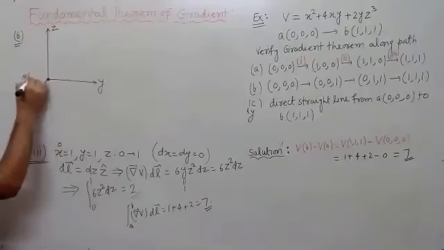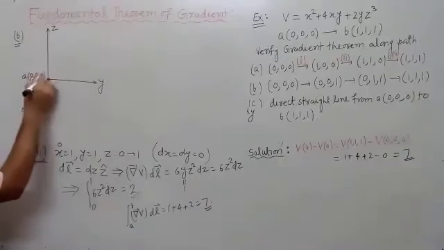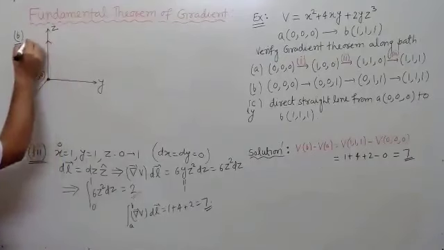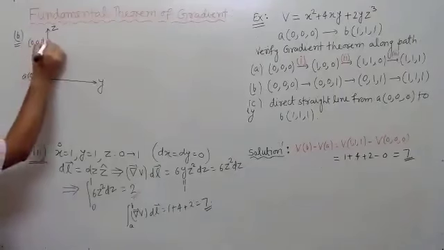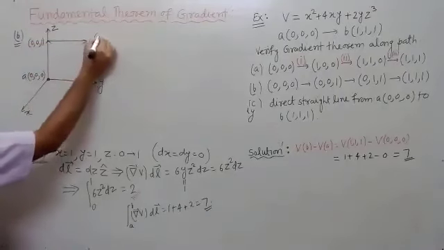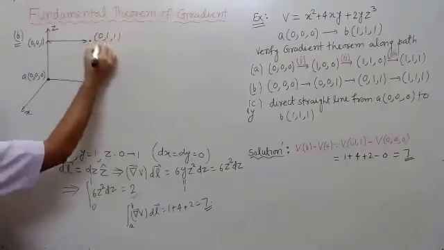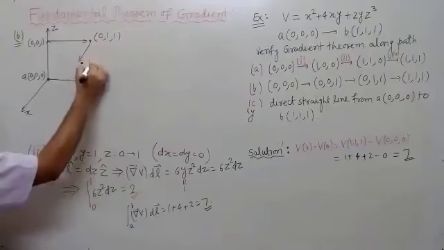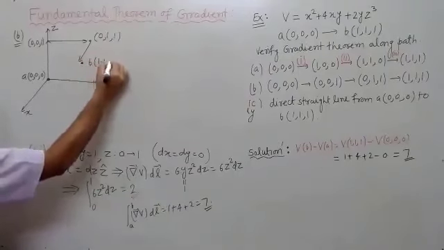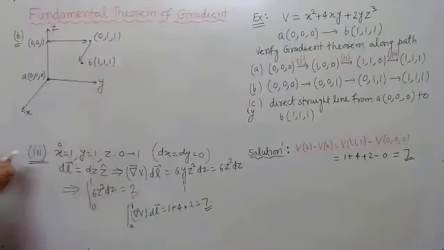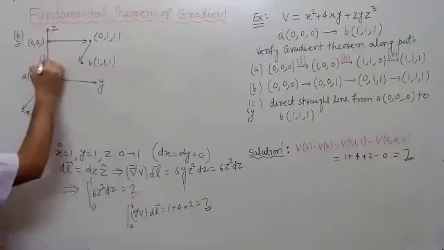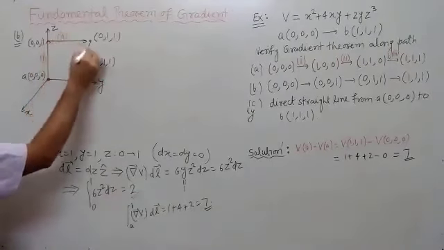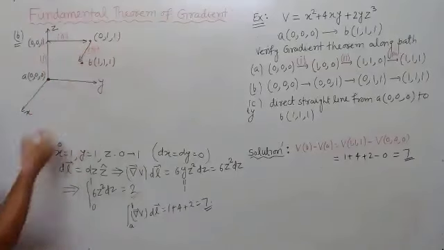The first point is 0, 0, 0. This point is 0, 0, 1. Then this point is 0, 1, 1. And then again you have to move to point B, that is 1, 1, 1. So this is segment 1, segment 2 and segment 3.